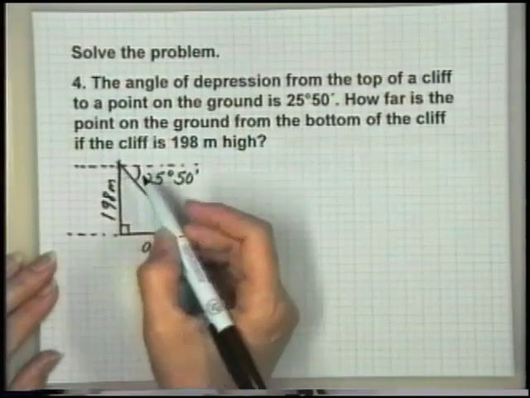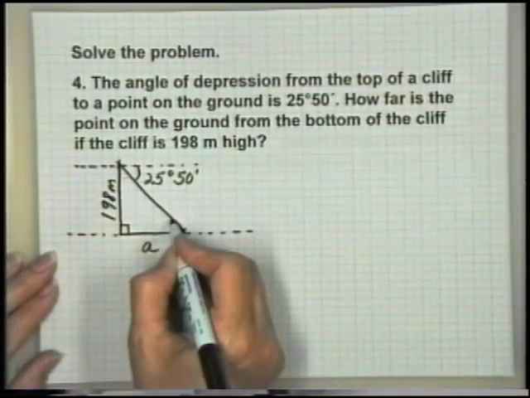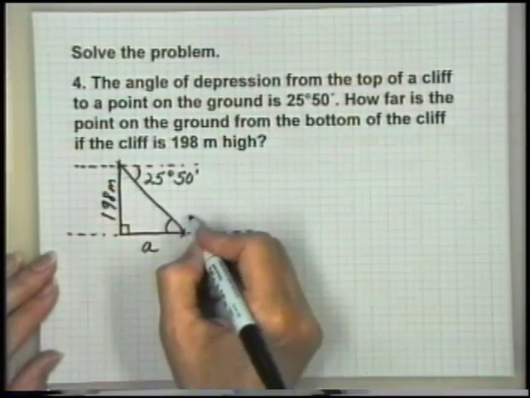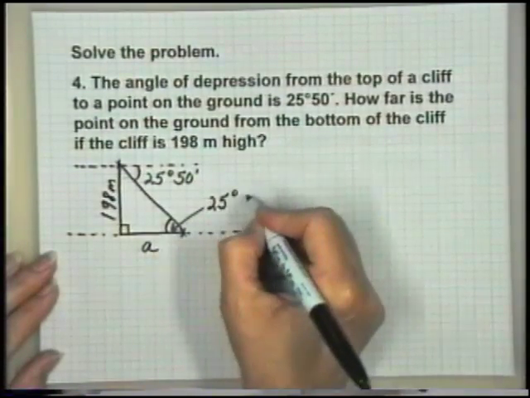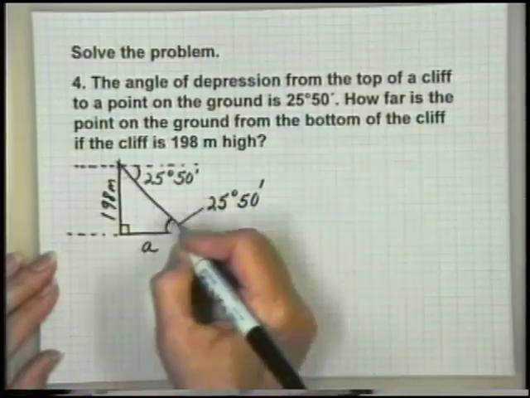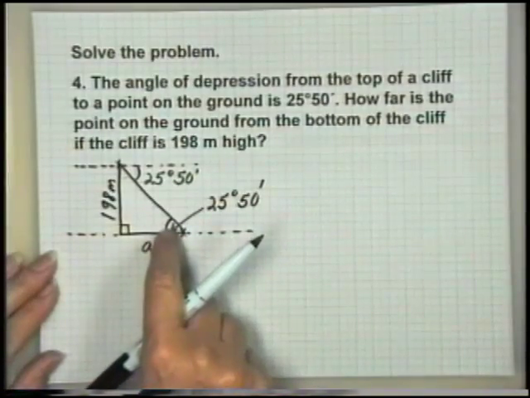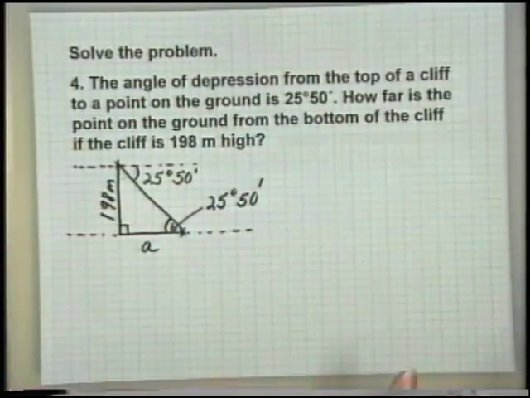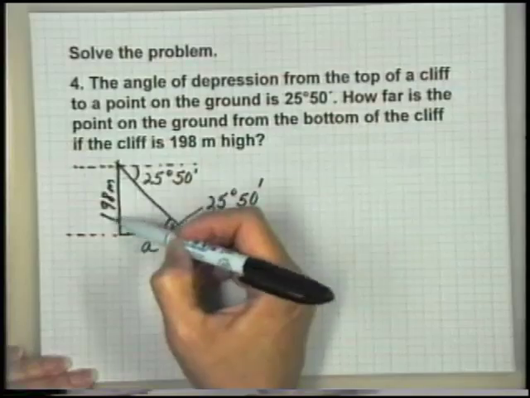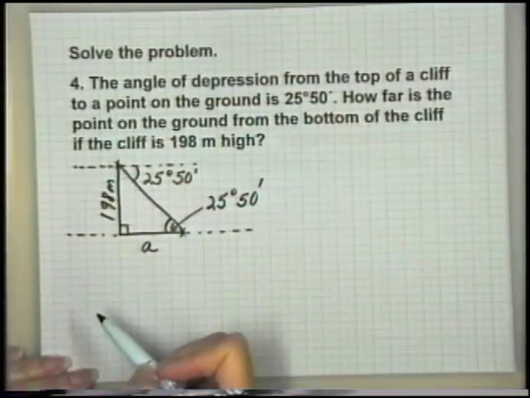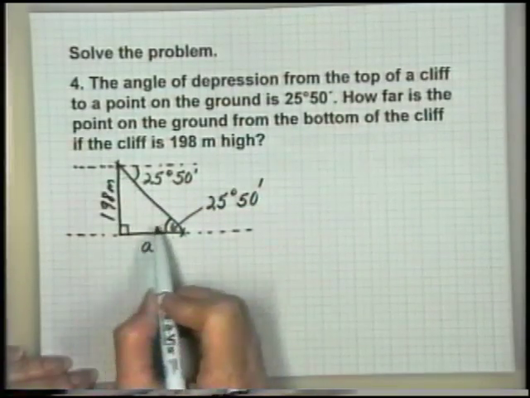So if I know this angle is 25 degrees 50 minutes, then I know that this angle down here is also 25 degrees 50 minutes. And I won't write it inside right there because it won't fit. So let's use our knowledge that this is 25 degrees 50 minutes. This leg is opposite this angle.